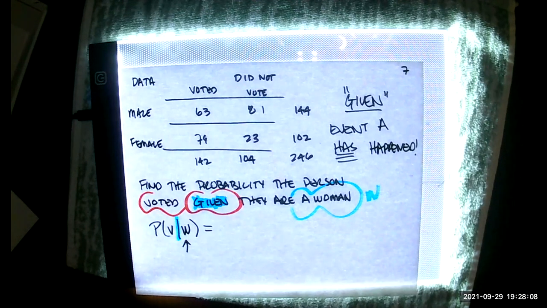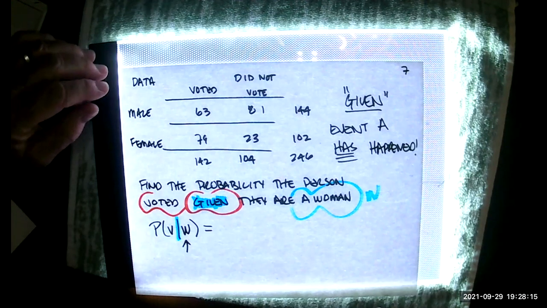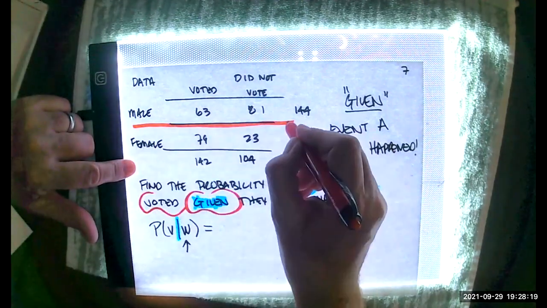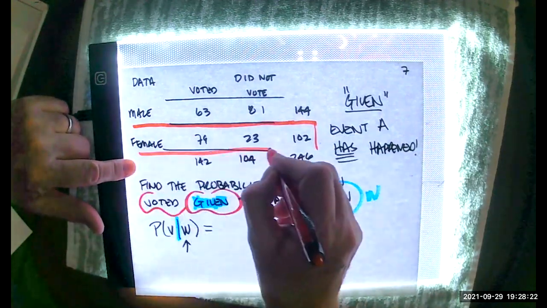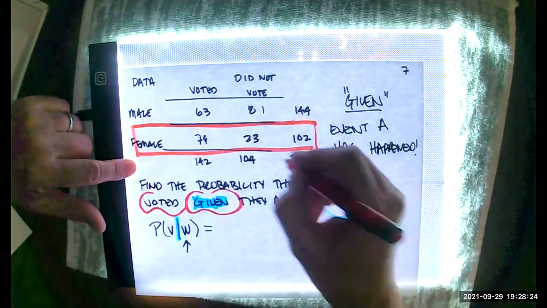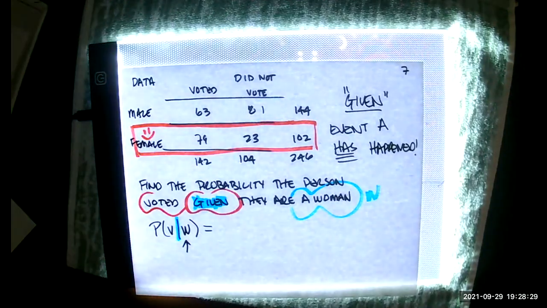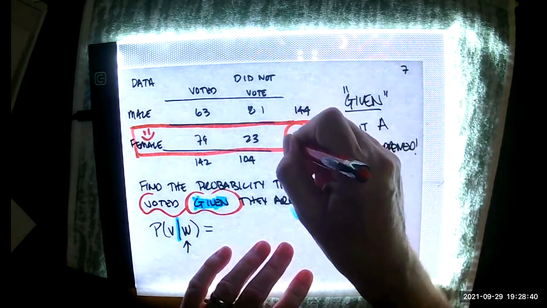So I told you that the condition allows us to ignore much of the data in the table. Here it is. Because we're selecting a woman, the only data I care about is right here in this row. This is the only data that matters for this problem. So, how many women are there? There's 102.